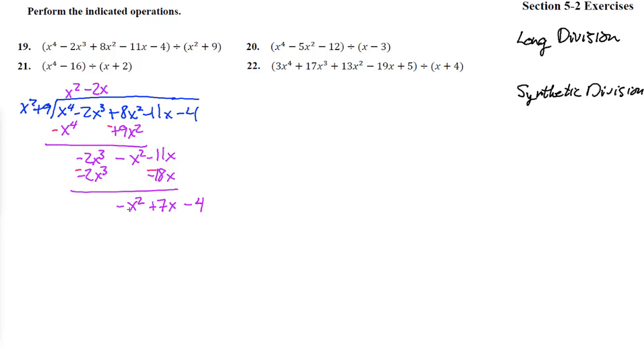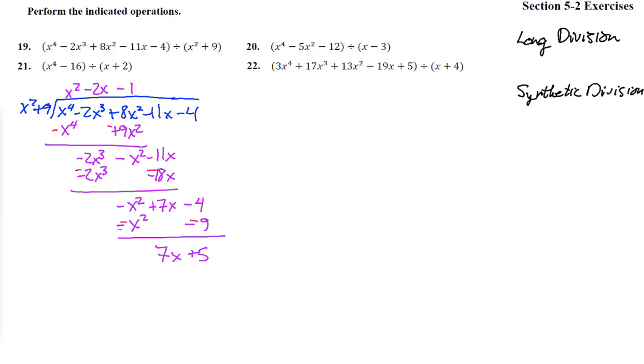Okay, x squared goes into negative x squared, negative 1 times. Negative 1 times x squared is a negative x squared, minus 9. So what does that give us when we, don't forget, subtract. So that's gone, then we get 7x, negative 4 minus 9, that's negative 4 plus 9, that's positive 5.